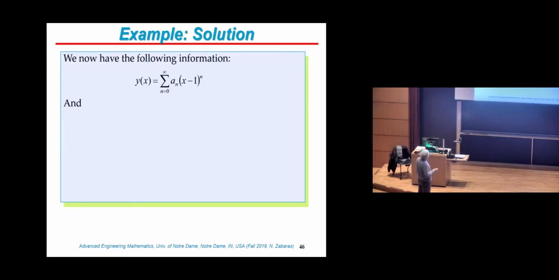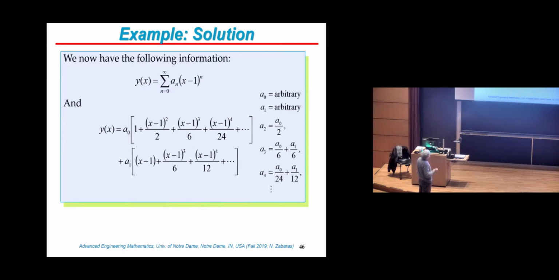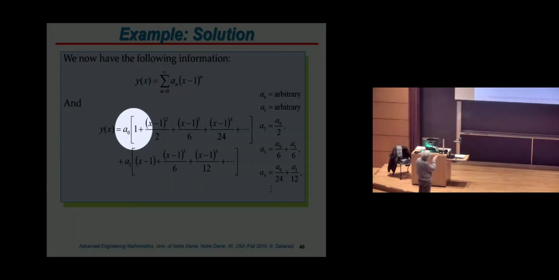So if you put all of this together, back to your series, this is how your series will look like. What I have done is I separated the terms that multiply a0, and I separated the terms that multiply a1. And remember, when you write the coefficients a2, a3, a4, most of the coefficients after a3 involve a0 and a1. So we're going to have, let's say, (x minus 1) cubed over 6 times a0, but then you're also going to have (x minus 1) cubed over 6 times a1. You can see it from there.